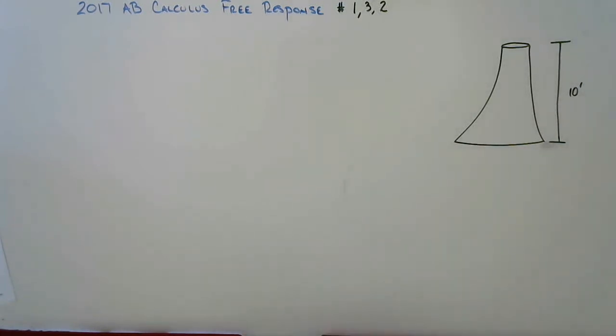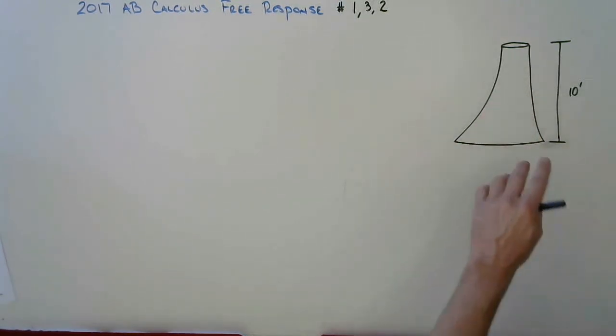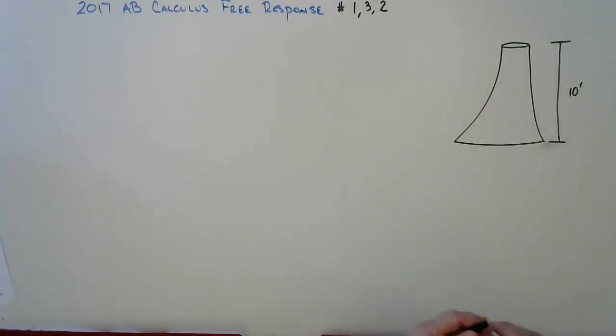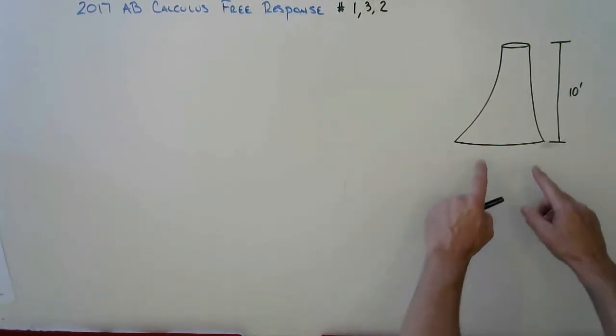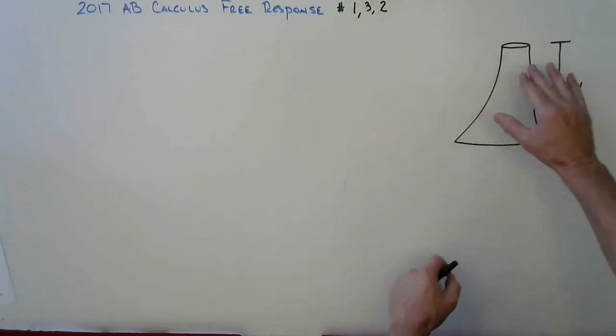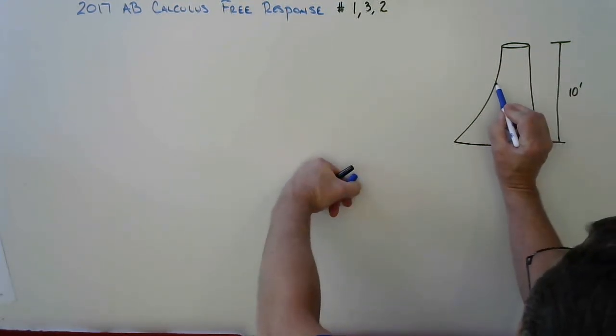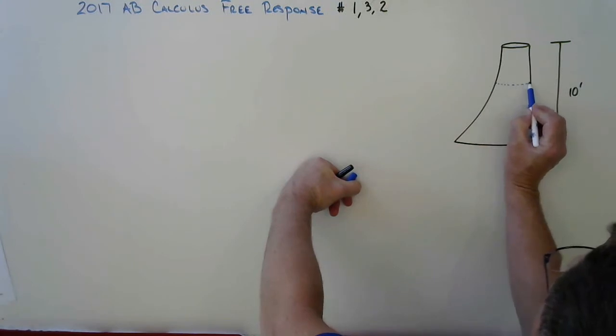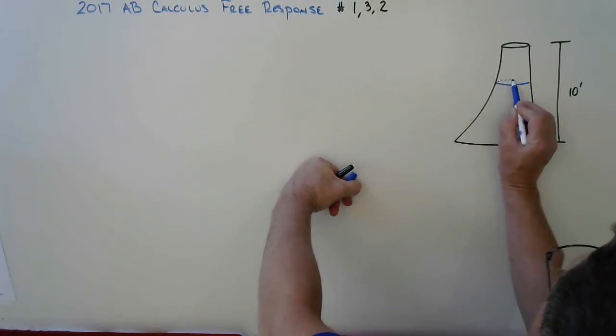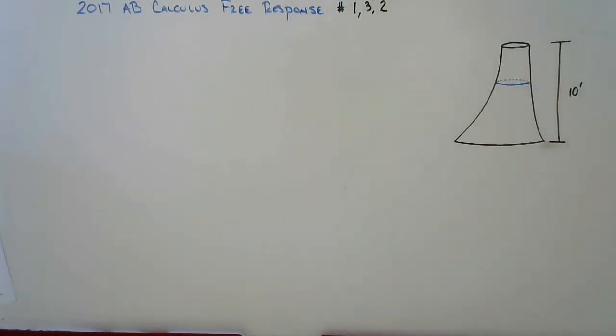And a cross-sectional slice decreases as h increases. So my tank's not a cone. This side's not the same as that side. It's just a tank. As I go up, the cross-sectional slice gets smaller as we go up. Now that slice is not a circle. It's just a slice. All right?